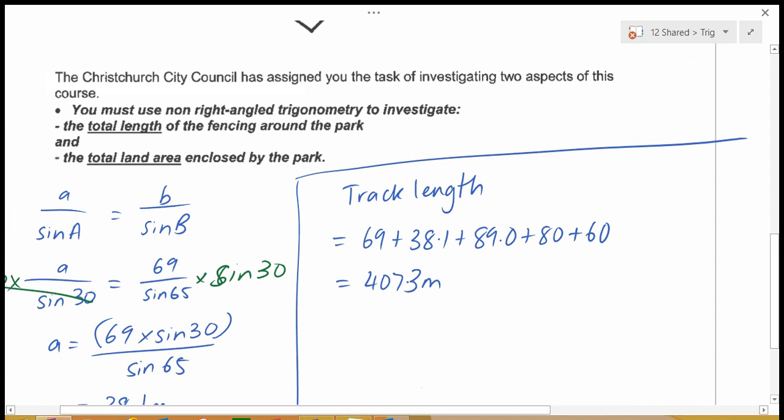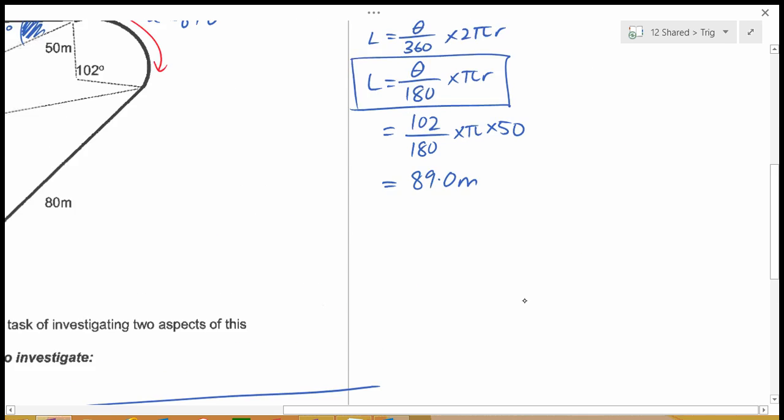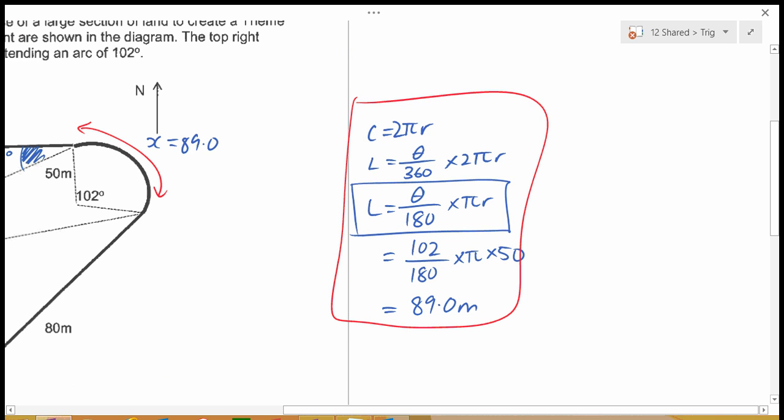So we've found the total length, and we've used a sine rule and found an arc length. That's 2 skills we've shown out of the 3 we need to show for achieved.